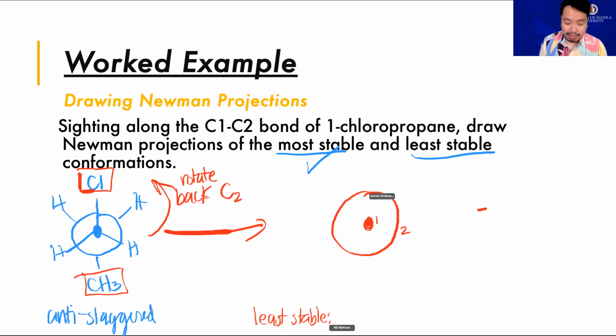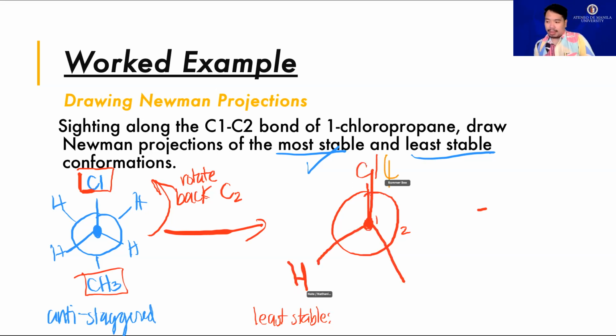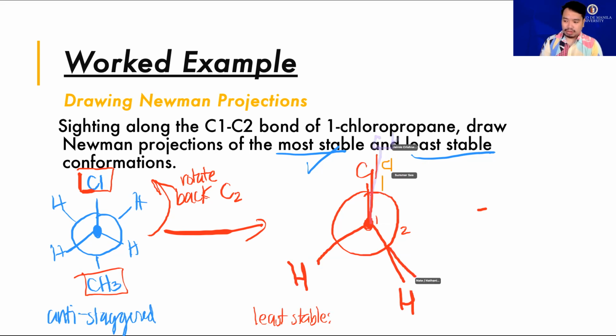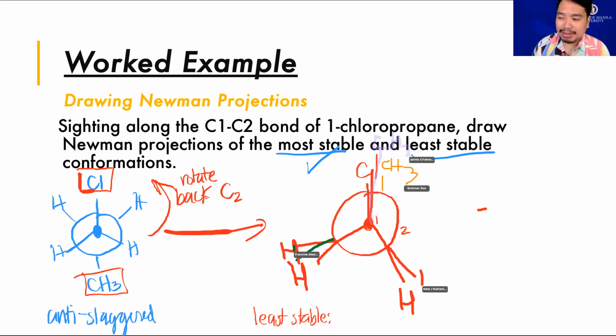So the front should remain the same. Okay, tama. Okay, how about the back? What would the back carbon look like now? Tama. Everything's perfectly aligned.